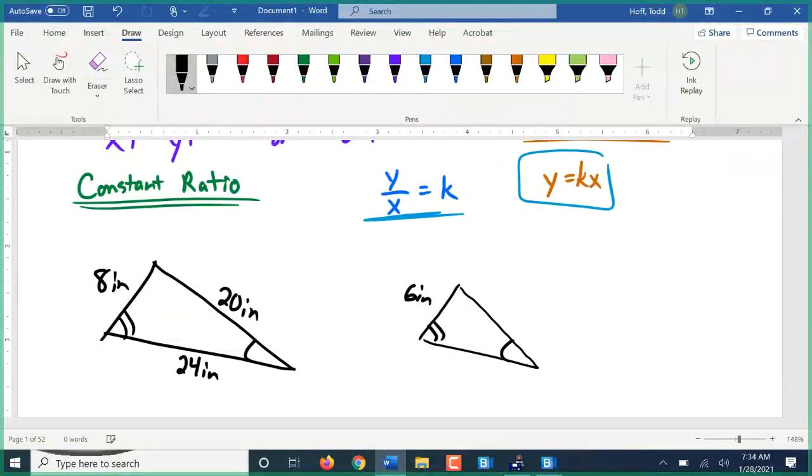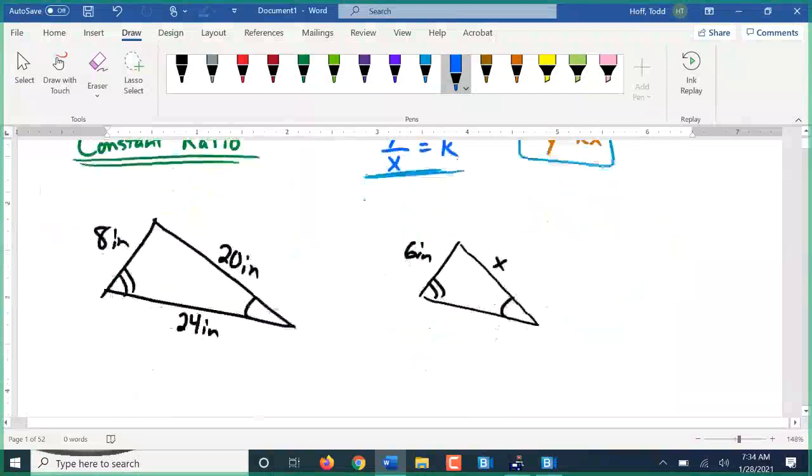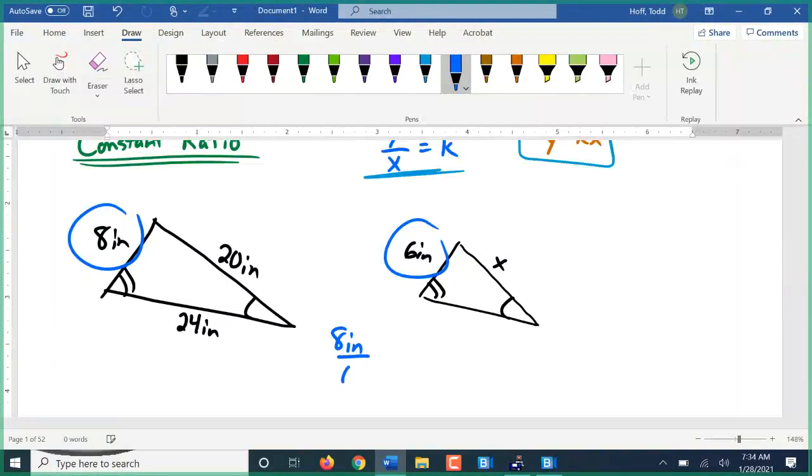So I'm going to show you that these two triangles are sitting in the same orientation. The ratio of the lengths of corresponding sides are directly related, a direct proportion. The 8-inch side became the 6-inch side. That is our ratio of the length of sides.